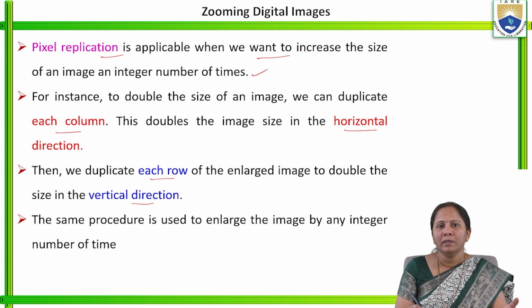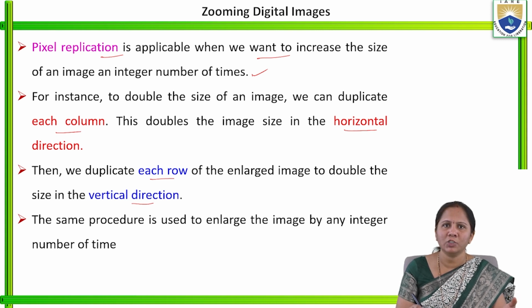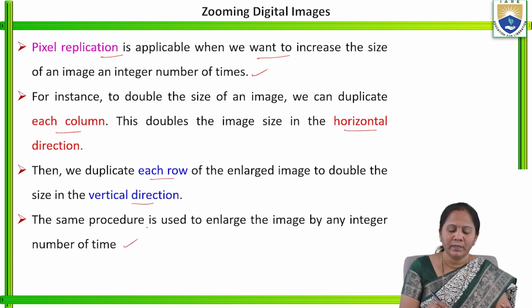So in this way, by duplicating the rows and columns in the original image, the size of the image will be increased in the horizontal and vertical directions. Like that, we can zoom the original image by any integer number of times.